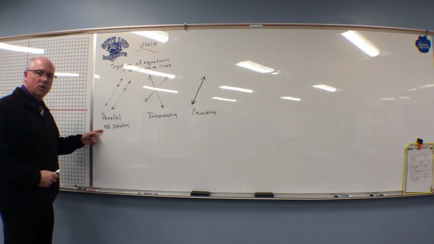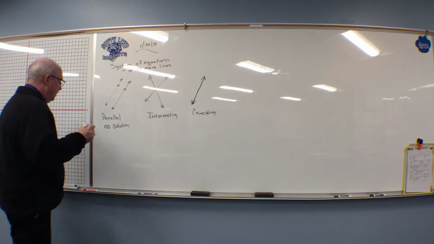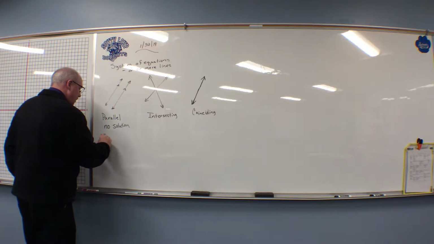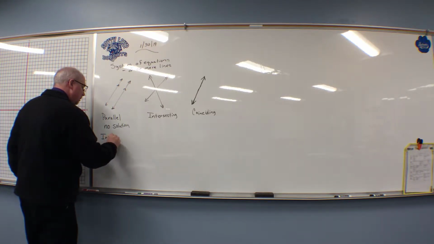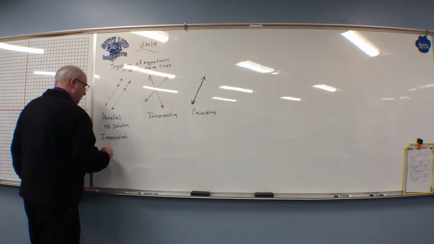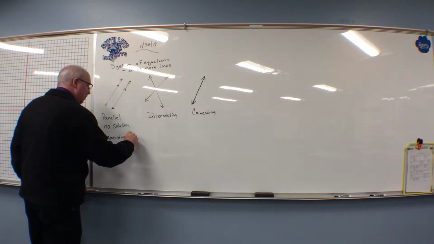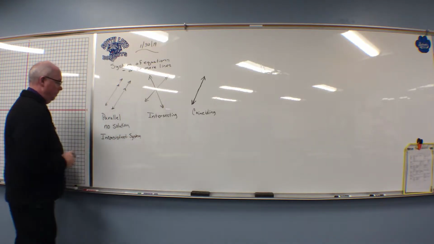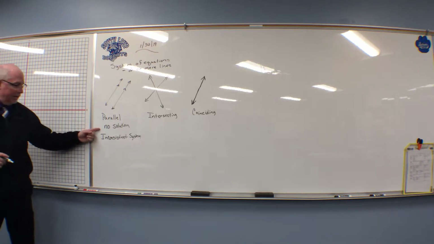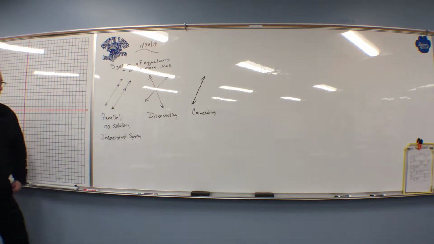Since it has no solution, it has a name for the system. The name for the system is an inconsistent system. So it's parallel, it has no solutions, and it is an inconsistent system.